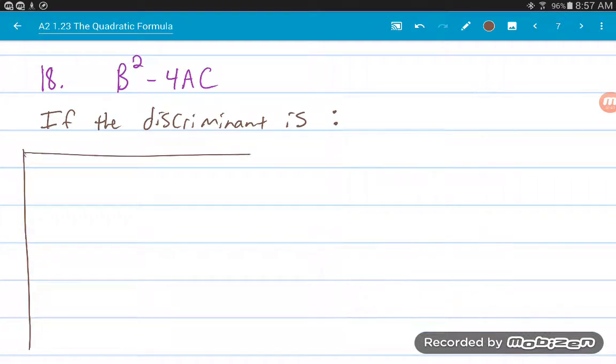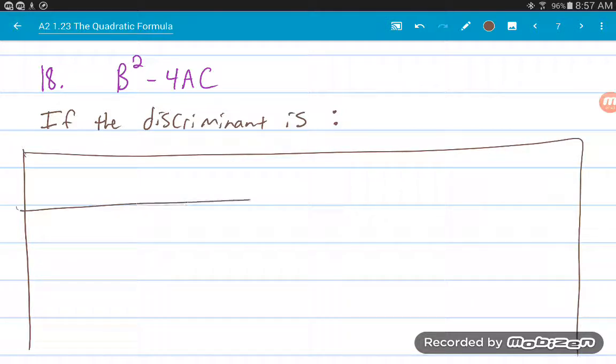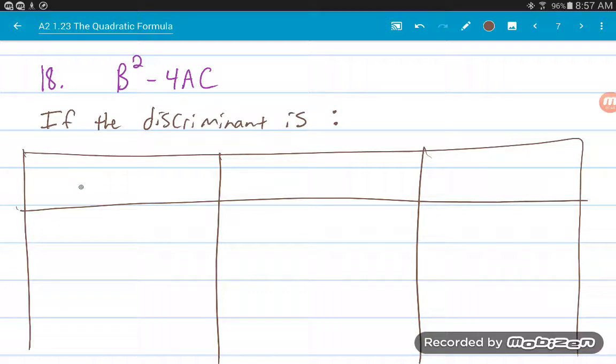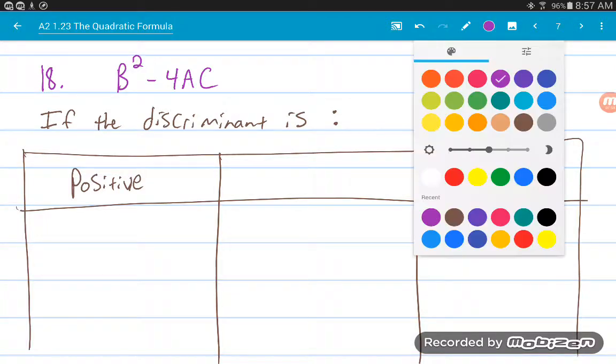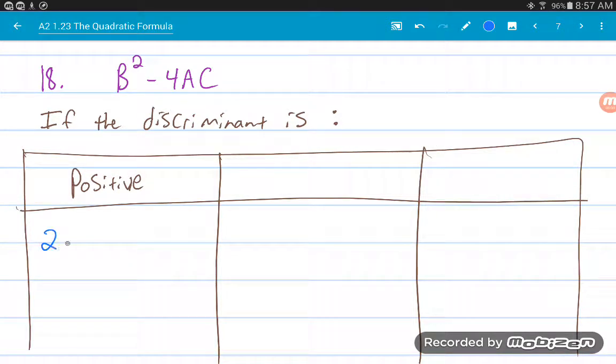there are 3 options. If it is positive, what it means is that you have 2 real roots.